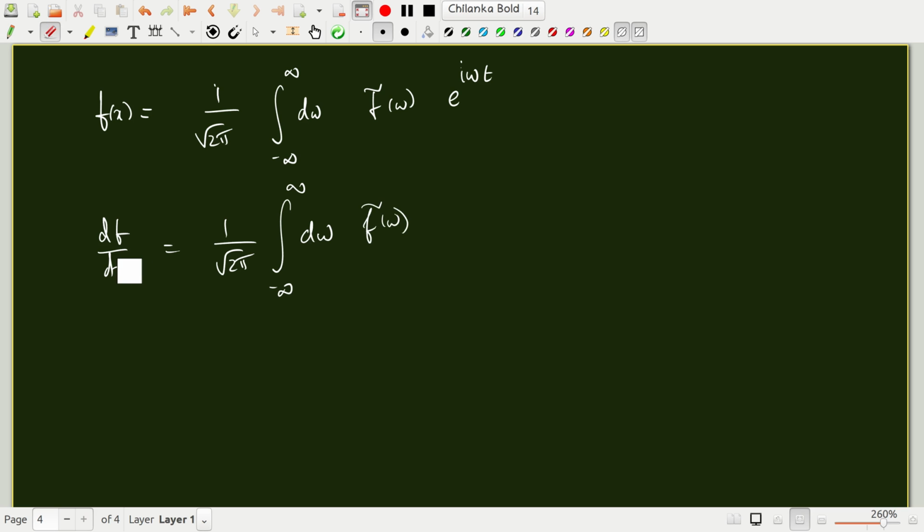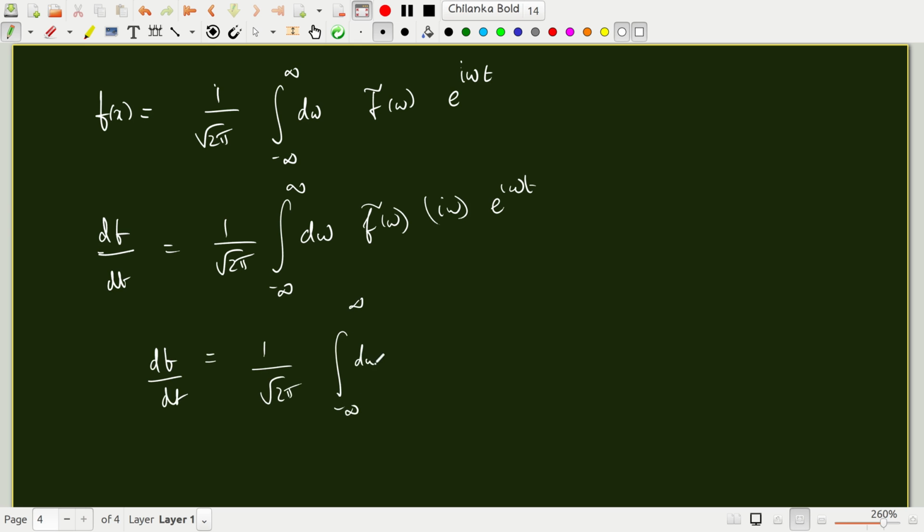Let's see, t, not x, with respect to time, i omega. So df by dt is 1 over root 2 pi, the integral from minus infinity to infinity of i omega times f tilde of omega e to the i omega t.